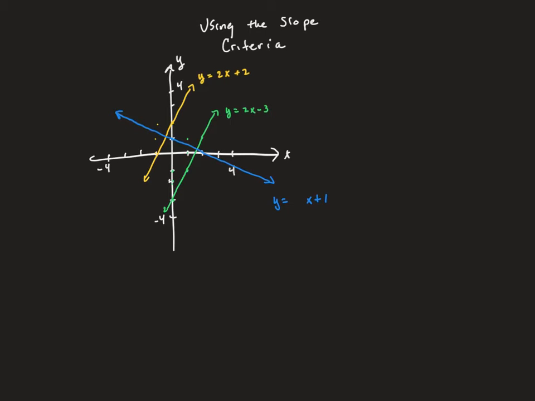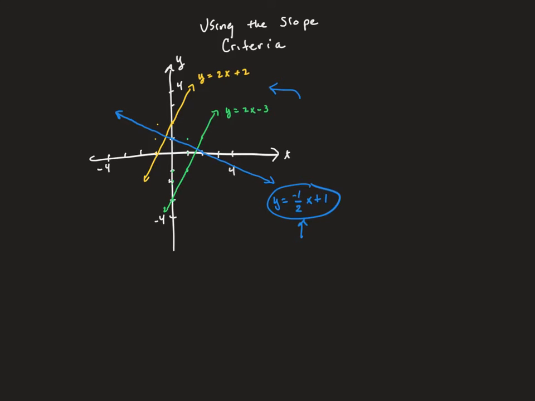Then my slope, if I look, goes down 1, so that's a negative 1, and then goes positive 1, 2. So my slope is negative 1 over 2. If we look at the slope of this line and the slope of that line, this would be a negative reciprocal, and so it tells me that they're perpendicular.